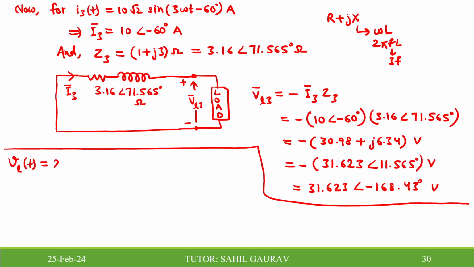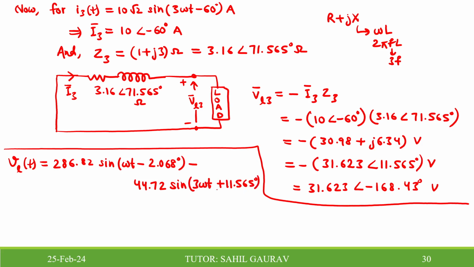So it will come as 286.82 sine omega t minus 0.068 degree, and VL3 will be, this is minus, so minus 44.72 sine of 3 omega t plus 11.565 degree.